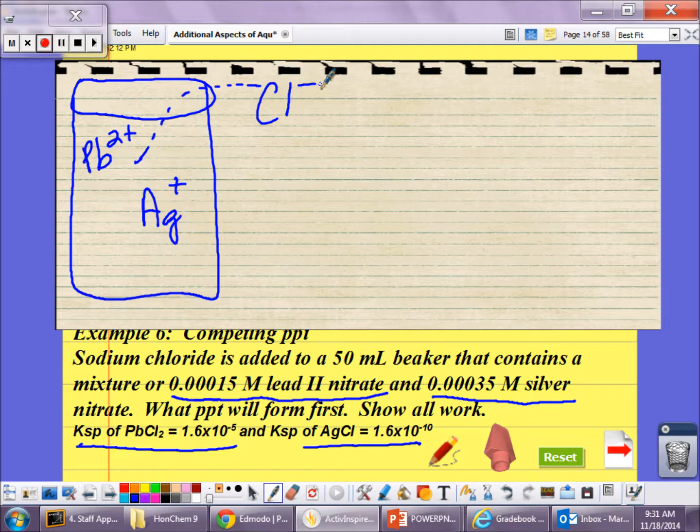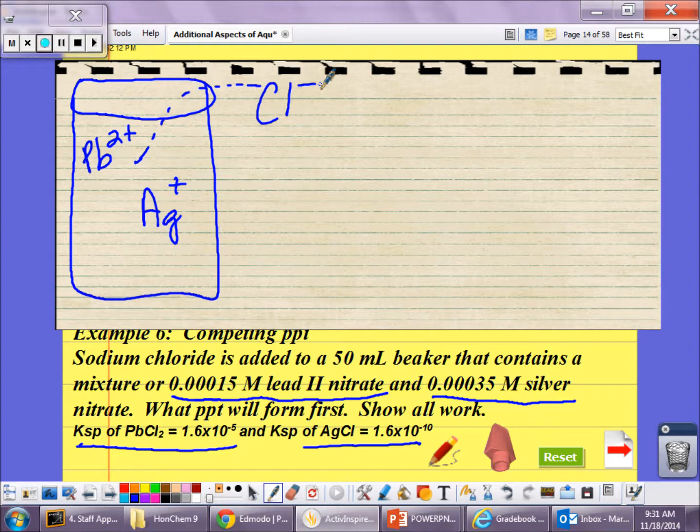Let's say you have a solution that has fluoride ion and another toxic anion. You add a cation that will precipitate the other toxic one first and leave the fluoride in that water for you because you need it for your teeth. So this is very practical.